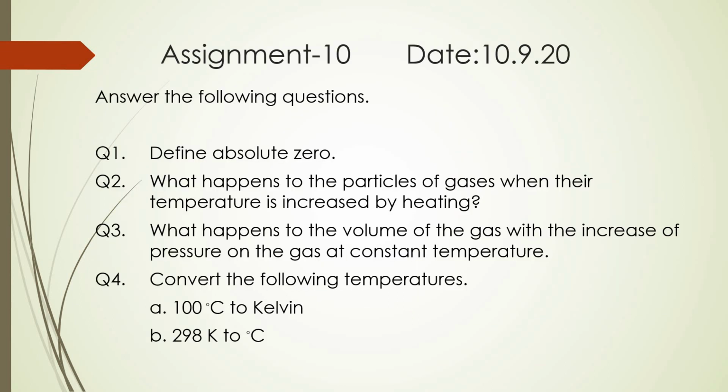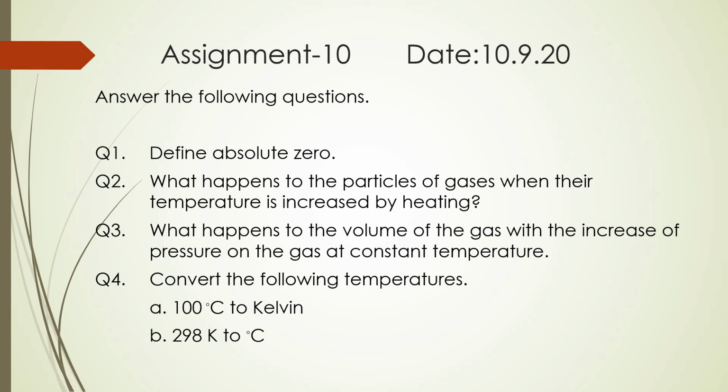With this, we end our today's class, and there is an assignment number 10 for you. Define absolute zero. What happens to the particles of gases when their temperature is increased by heating? Number 3, what happens to the volume of the gas with the increase of pressure on the gas at constant temperature?